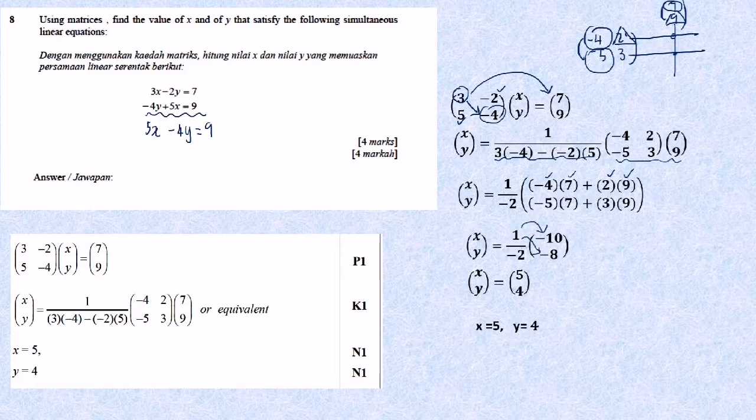Okay, now we look at the answer scheme, how we obtain the marks. First, you form the matrix equation, you get 1 mark. And correct inverse matrix, 1 mark. And the answer, each one, 1 mark.